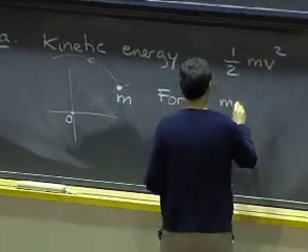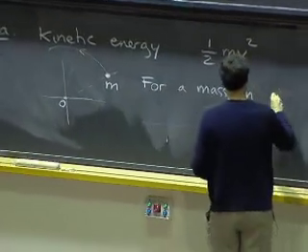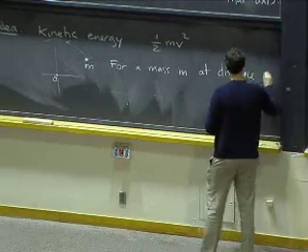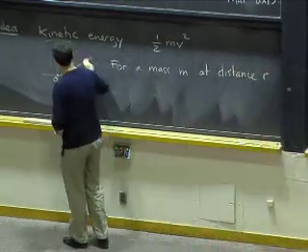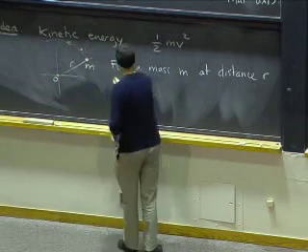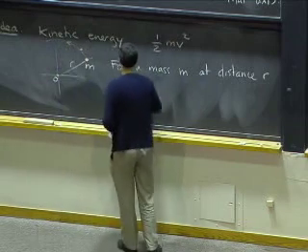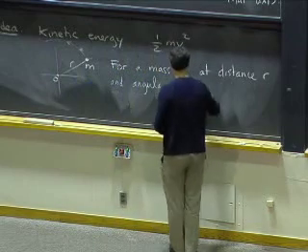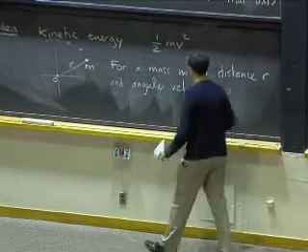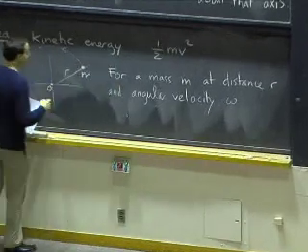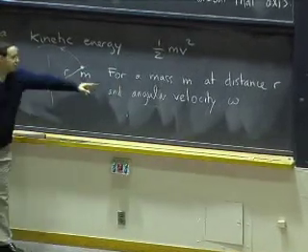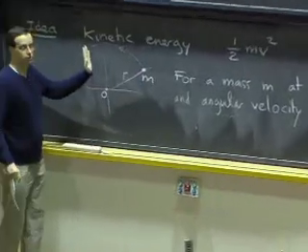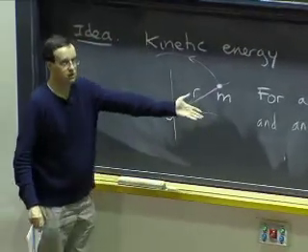So for a mass m at distance r, let's call r this distance, and angular velocity, let's call the angular velocity omega. I think that's what physicists call it. Remember, the angular velocity is just the rate of change of the angle over time. It's d theta dt, if you want.